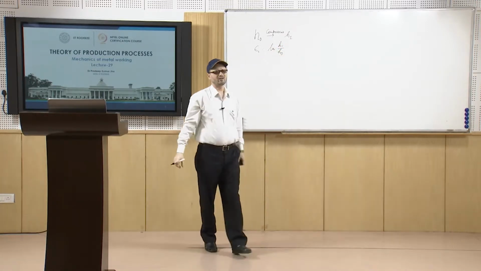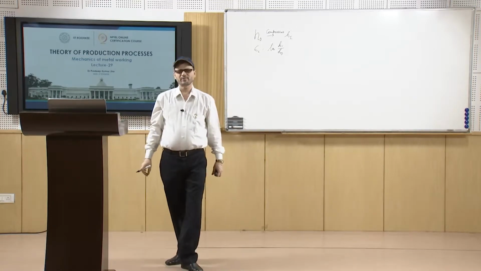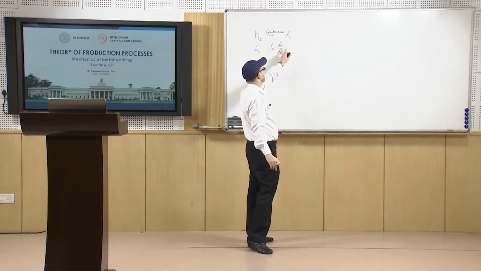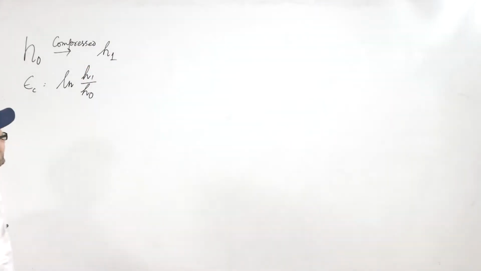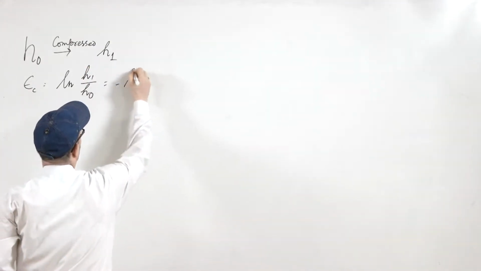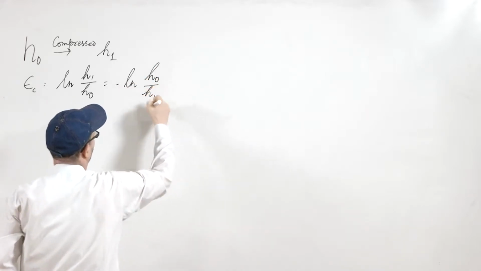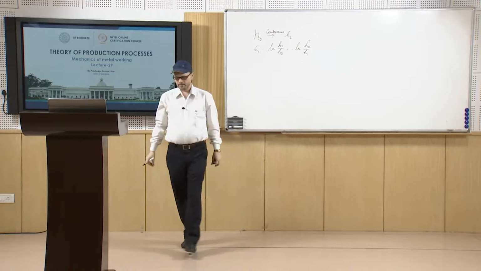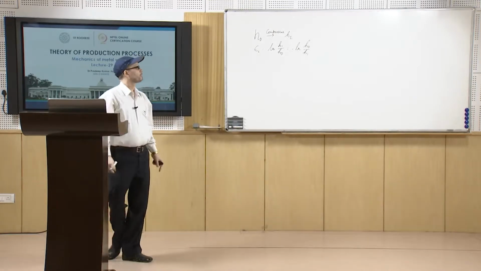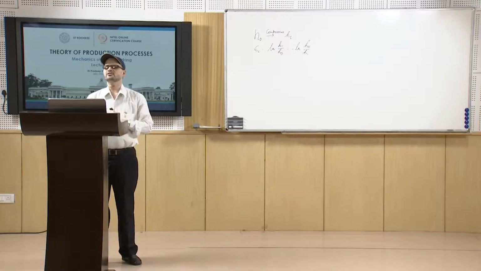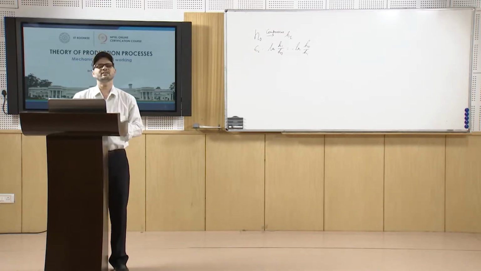Now ln of h1 by h0 will be a negative quantity, because this value is less than 1. So, we can write it as minus ln of h0 upon h1. This is how the strain is defined in these cases.